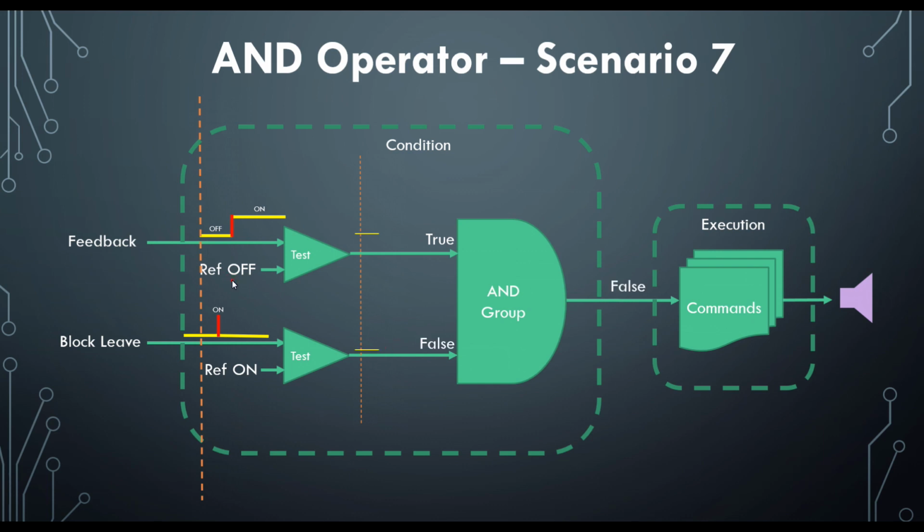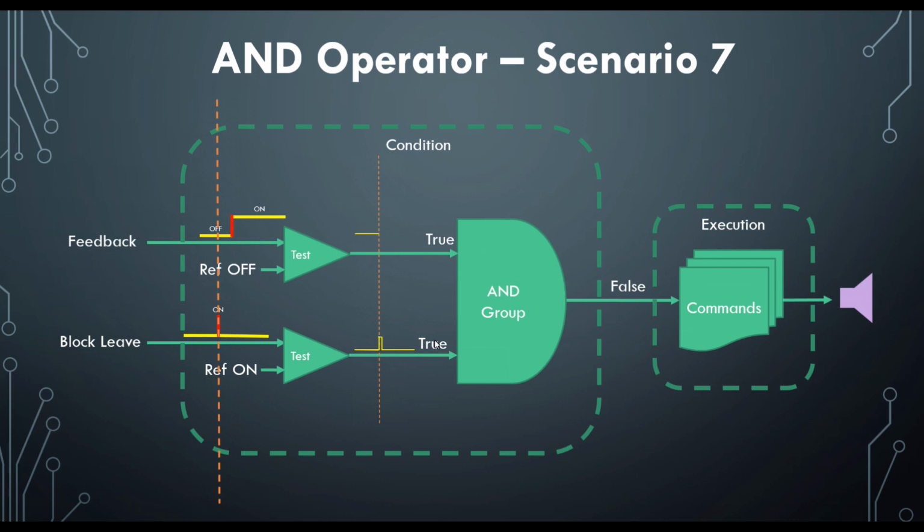Move the timeline on. Block leave goes to its on state, so this becomes true. This is in its off state still, which matches the reference state, so that remains true.